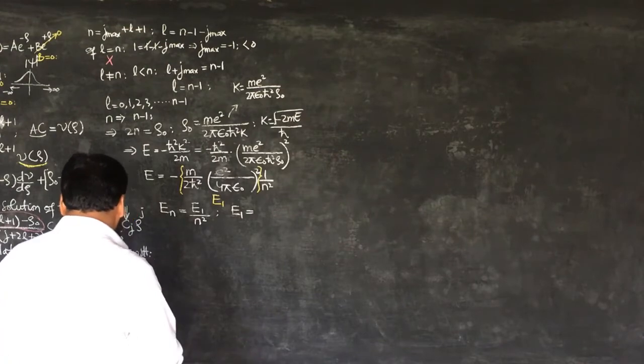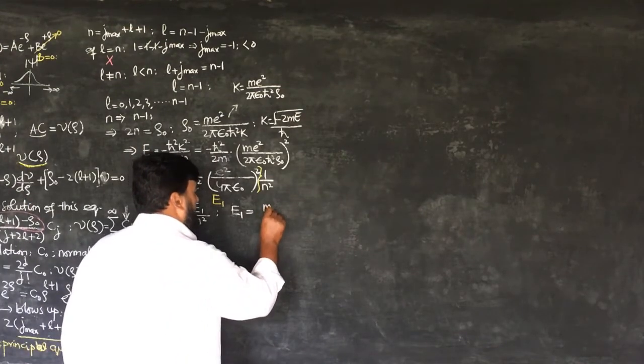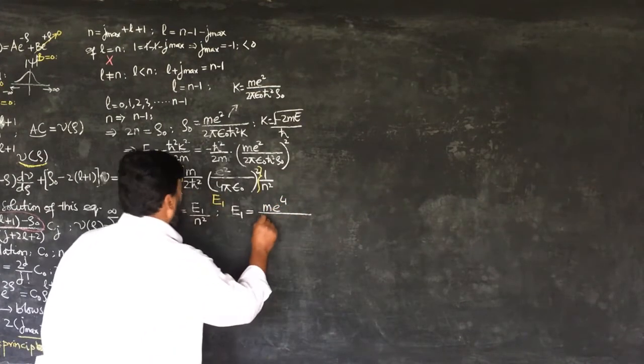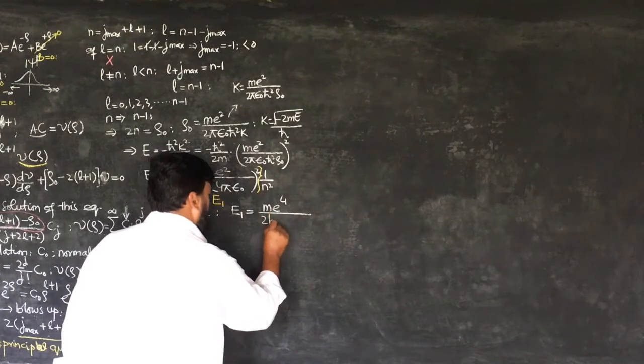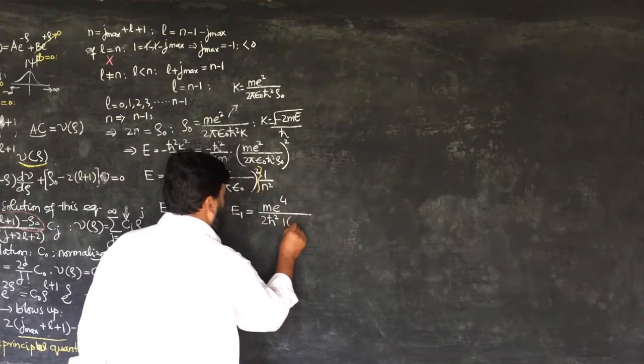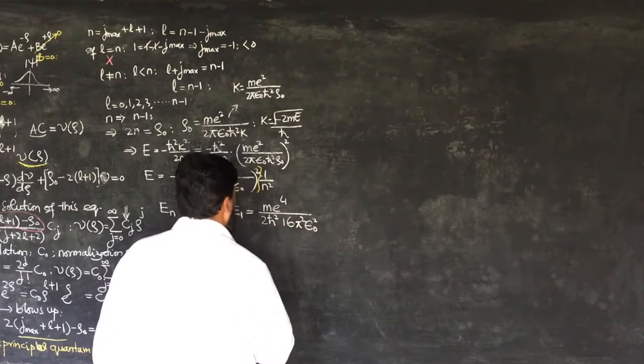And if I calculate this E1 from here, this is m e to the fourth divided by 2 h bar square, and here this will be 16 pi square epsilon naught square.